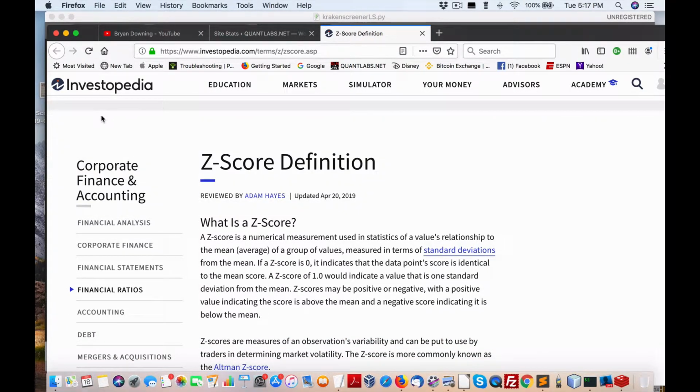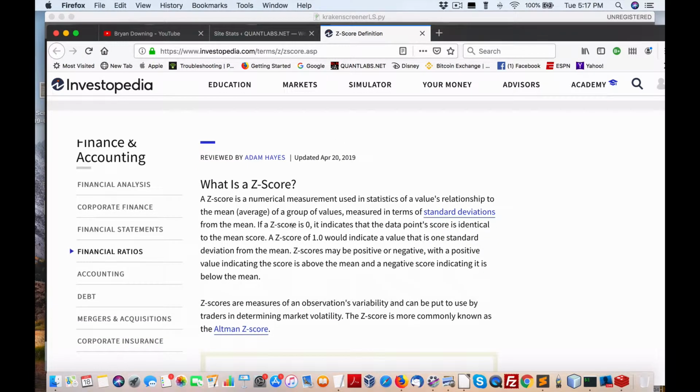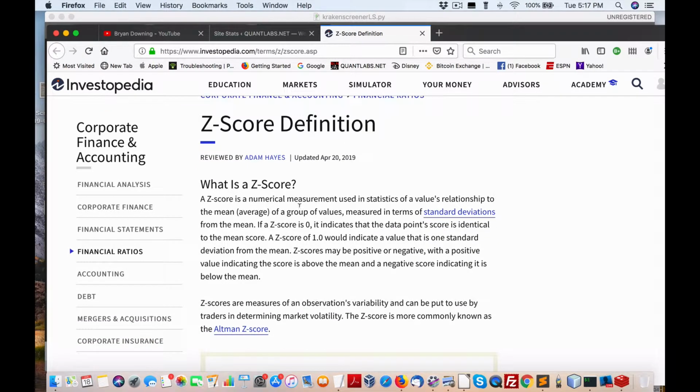If you go over to Investopedia, I'll just read out the first paragraph. It is a numerical measurement using statistics to value relationships to the mean average of a group of values. Measured in terms of standard deviation from the mean, a Z-score of 0 indicates the data point score is identical to the mean score.